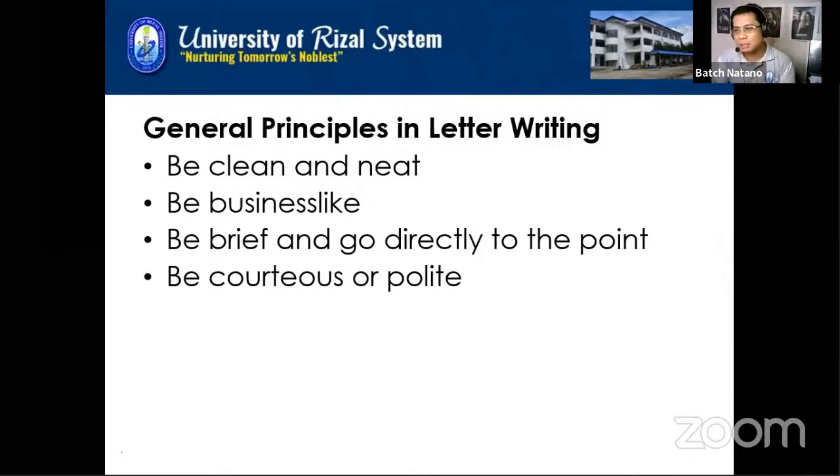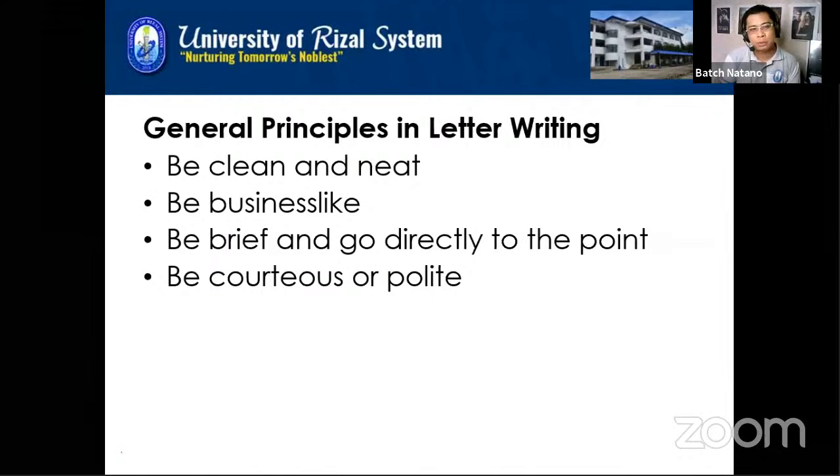Secondly, there are some instances wherein you will be writing a complaint letter. Although it's a complaint, reclamo, you should sound as if you are still courteous to the person. So let's say for instance you are asking about a product that is incorrectly sent to you.